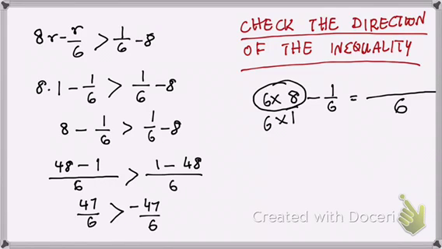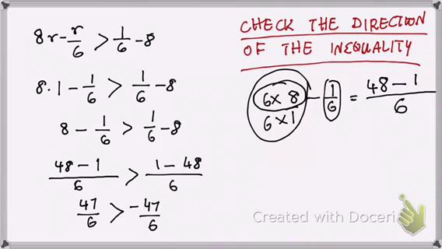For the numerator, you will get 48 for this term, and for this term the numerator remains 1. So the answer would be 48 minus 1 is 47 divided by 6. That's how you got 47 divided by 6.